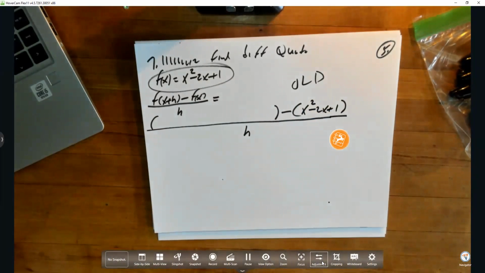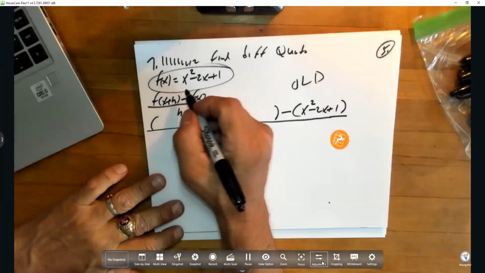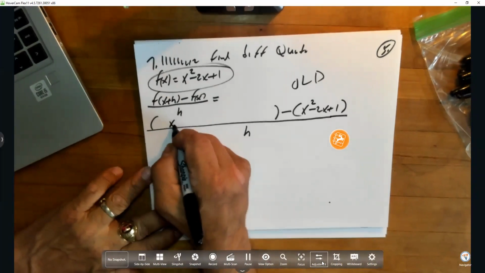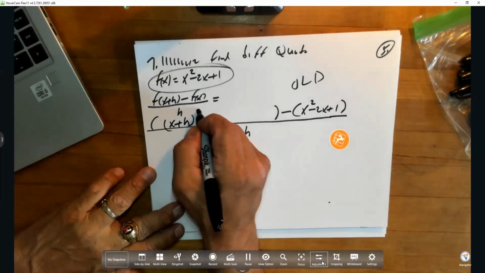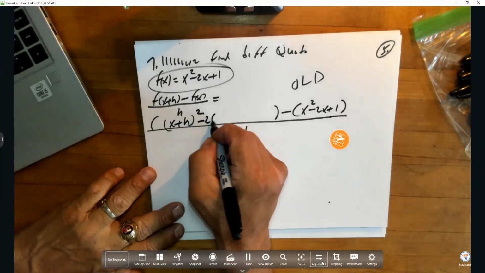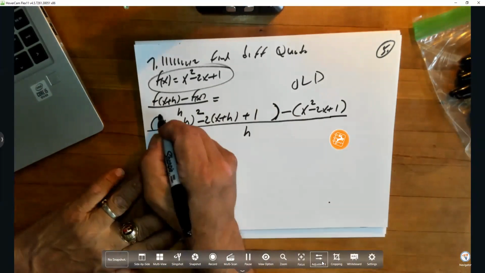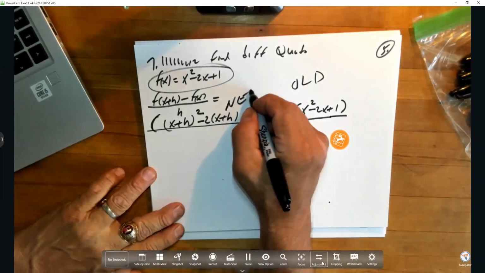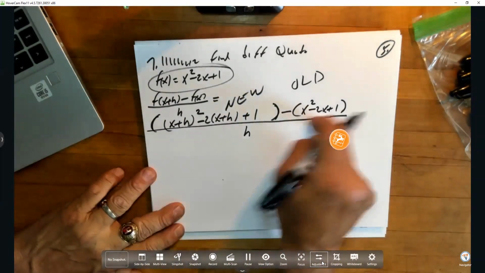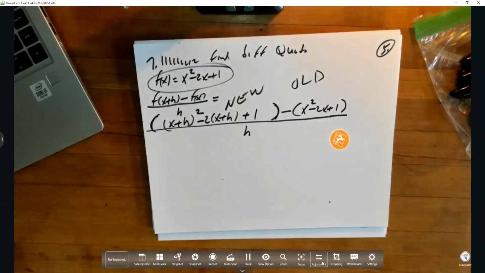The old one goes on the right side. On the left side, I'm going to put the new stuff. Not x anymore, but x plus h. The whole thing is squared, minus 2 times x plus h, and then plus the 1. So the new and the old. Everybody okay with step number 1?